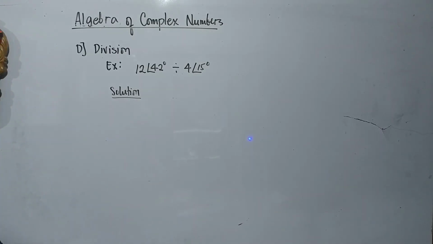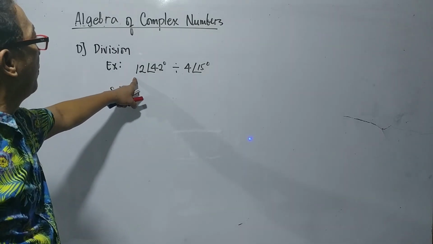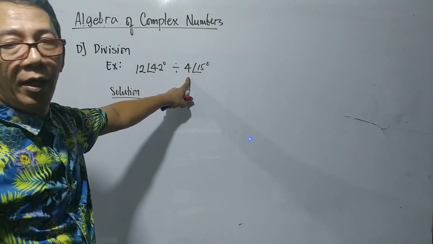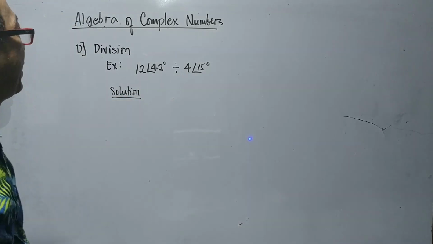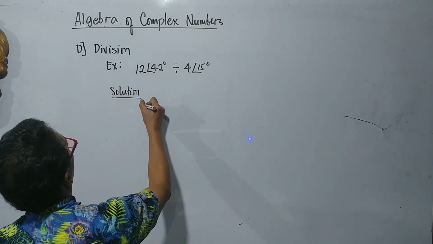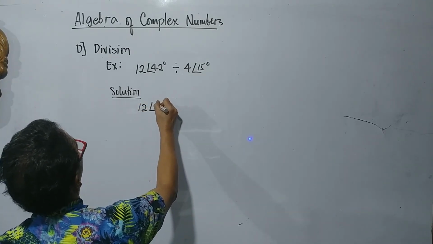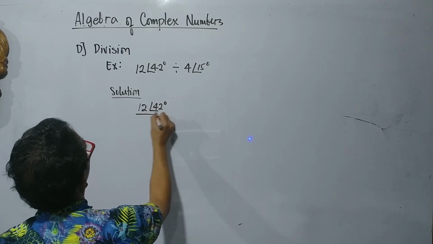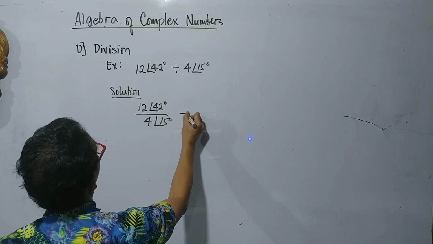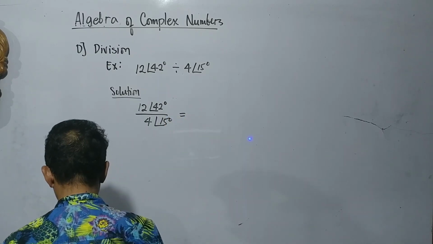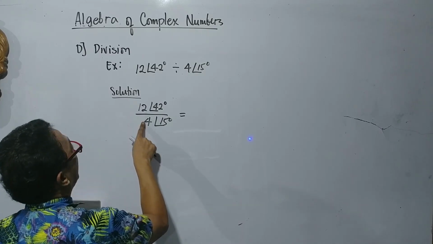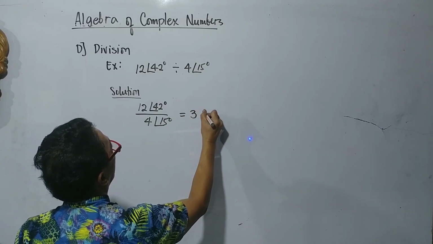So if you have, in the polar form, 12 angle 42 degrees divided by 4 angle 15 degrees, the process looks like this. So you have 12 angle 42 degrees divided by 4 angle 15 degrees equals 12 divided by 4 becomes 3.